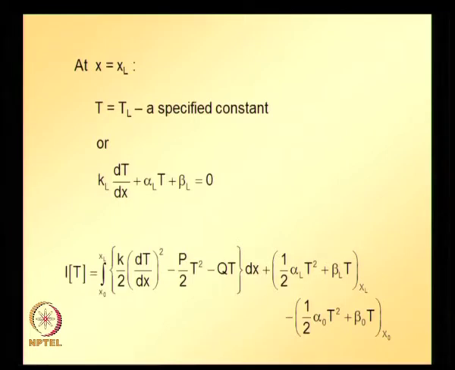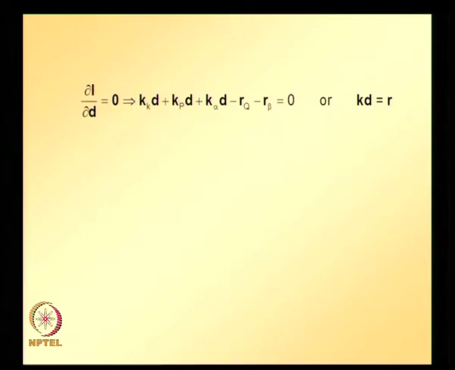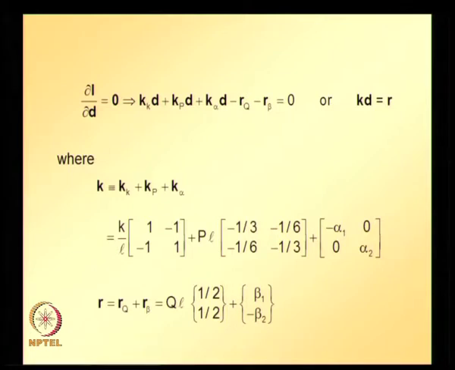After that we applied the stationarity condition, that is the partial derivative of I with respect to d should be equal to 0, where d is a vector consisting of nodal values, and we obtained this equation, where the contributions to the stiffness like matrix are coming from various components k, kp, k alpha, and the force like vector contribution is coming from rq and r beta, which are shown on the slide there.